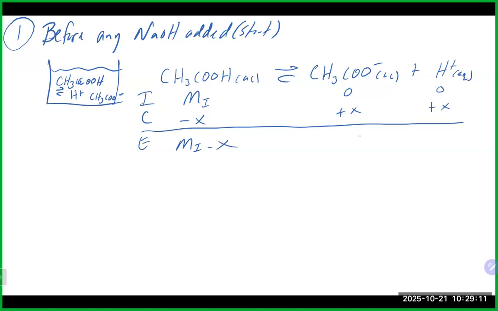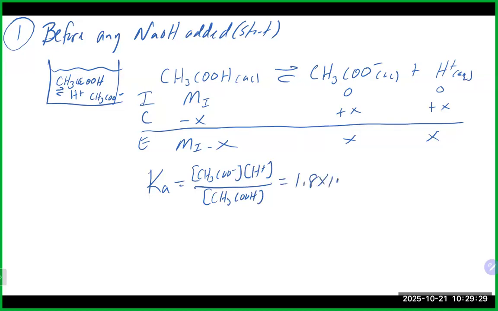Initial minus X, X, and X. Just like normal, we would go into our Ka expression, which would equal something like 1.8 times 10 to the minus 5, perhaps. Obviously, here we would solve for X.